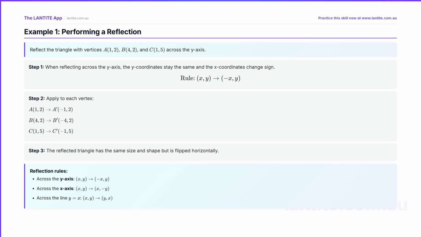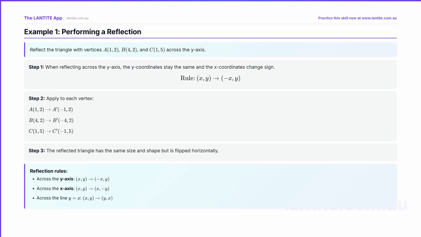Let's reflect a triangle across the y-axis. The triangle has vertices at A(1, 2), B(4, 2), and C(1, 5). When reflecting across the y-axis, the rule is that x-coordinates change sign, while y-coordinates stay the same. So A at (1, 2) becomes A' at (-1, 2).